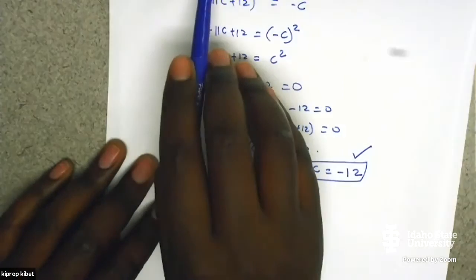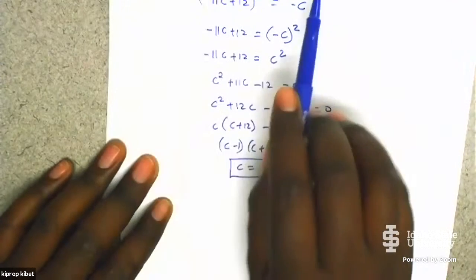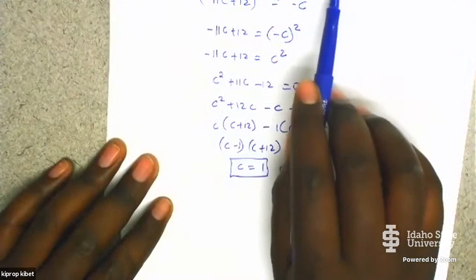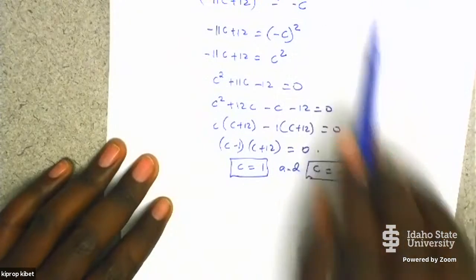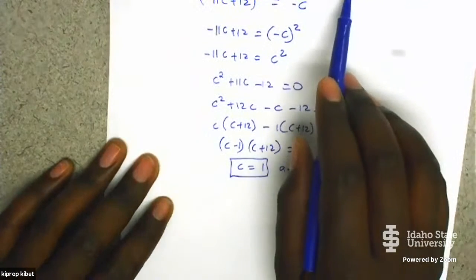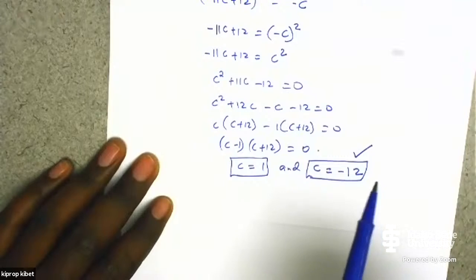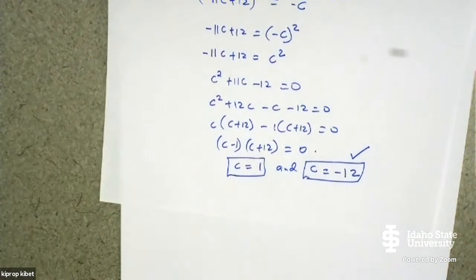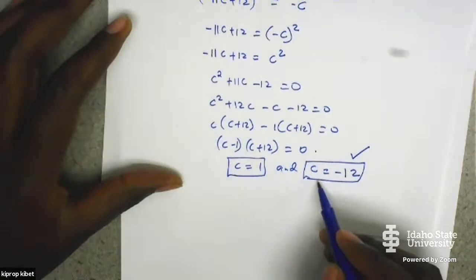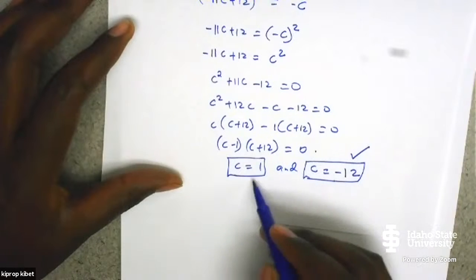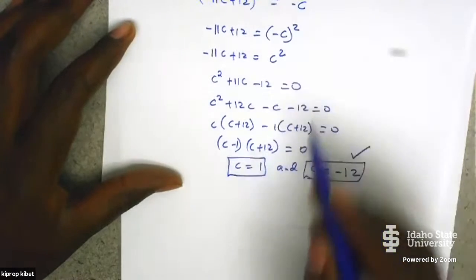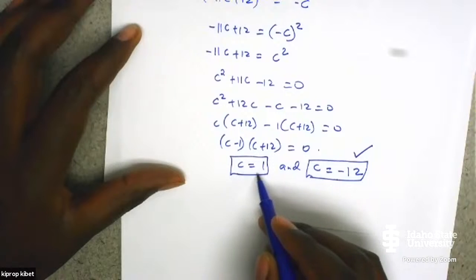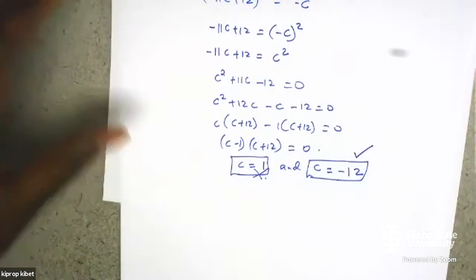And since this is a square root and it is even, we are able to get the positive value there. But you cannot take c to be 1 since it will be negative there, so it will not satisfy this. That is how you can prove it. So you take c equals minus 12 to be the solution, and 1 will not satisfy.